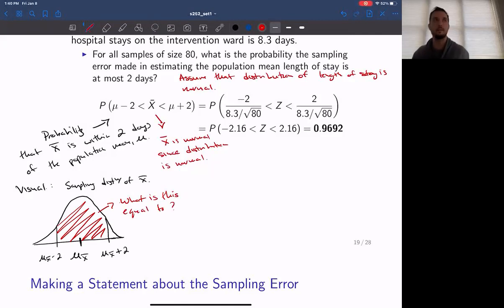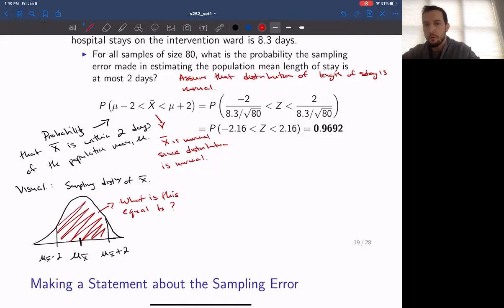So what is this equal to? How big is this area? Now I can draw this as a bell curve because, again, I'm assuming that the original population is normal. So by assuming that the original population is normal, that gives me the ability to write that X bar is normal, which means that I can sketch the sampling distribution in the following way.